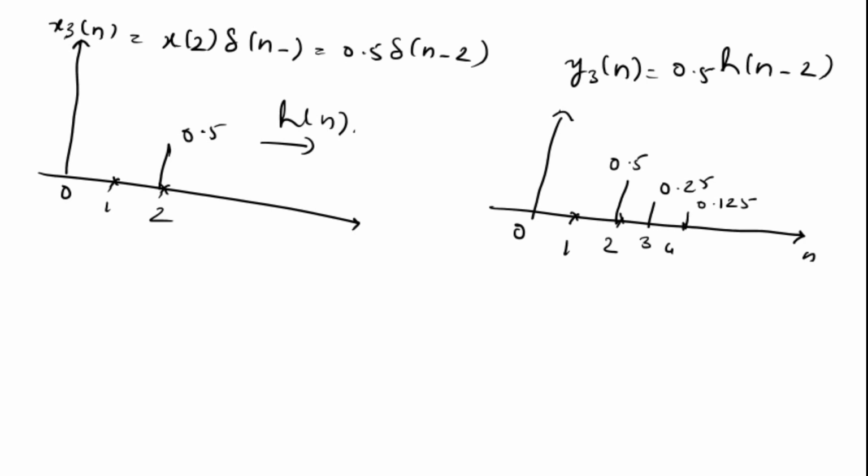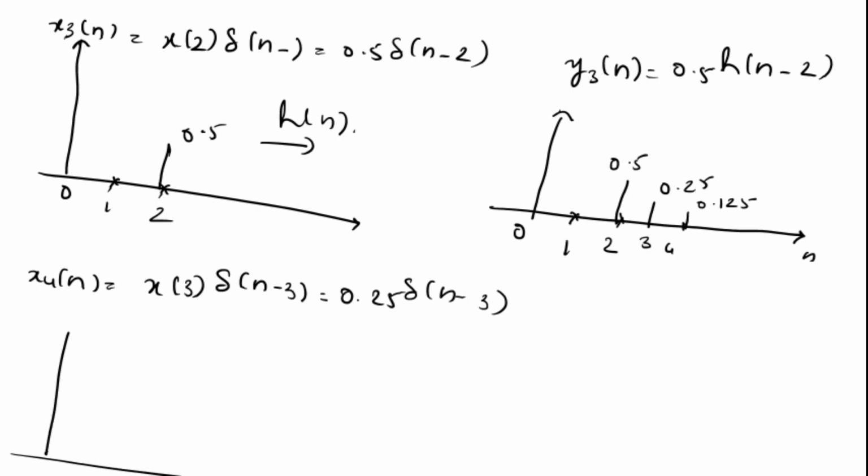Then x4 of n is equal to x of 3 into delta of n minus 3, which is equal to 0.25 into delta of n minus 3. The signal is present at 3 with amplitude 0.25. This is x4 of n.